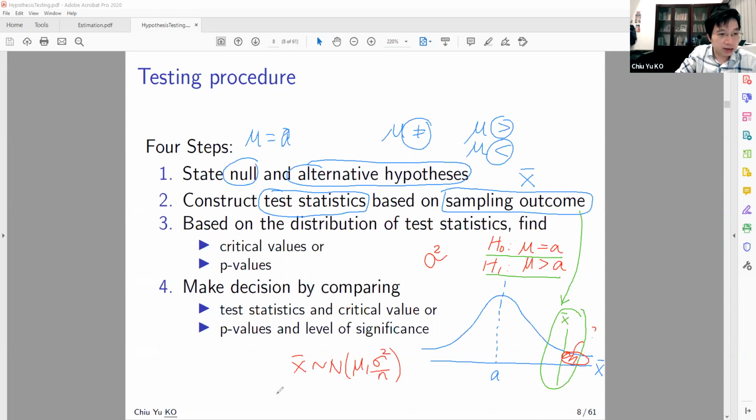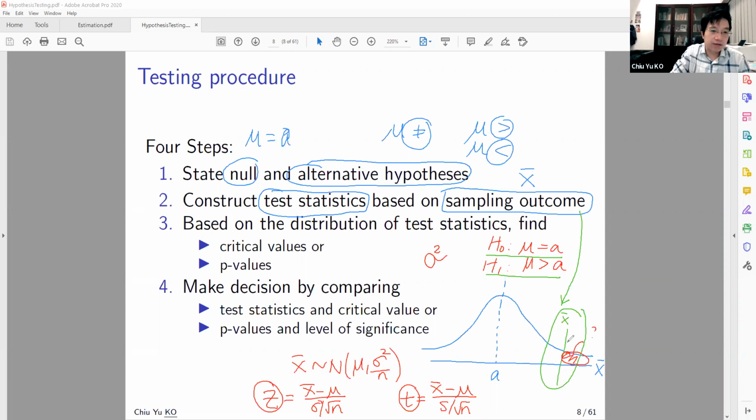The test statistic in this case will be z equals (x bar minus mu) over sigma over root n, because this is normal. But if you don't know sigma, we use the t-test. The t-statistic will be (x bar minus mu) over s over root n, because this follows the t-distribution, okay? This is called the z test statistic, and this is called the t test statistic.